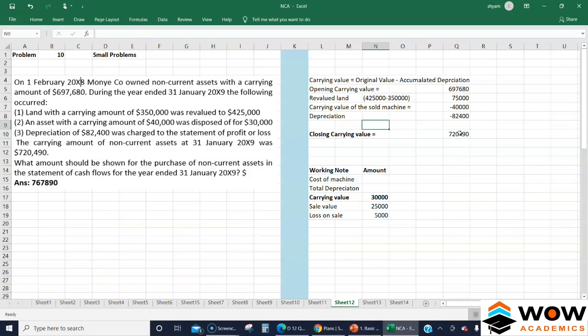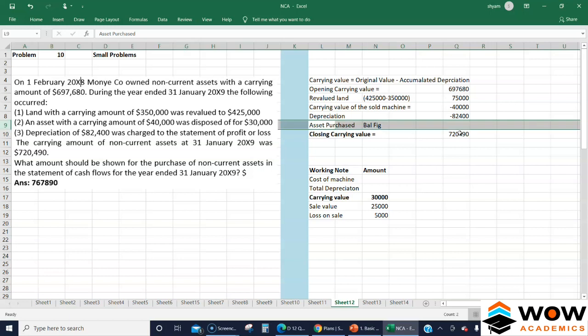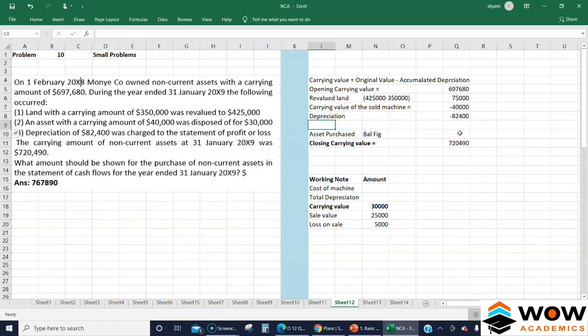The balancing figure here should be the asset purchased. So first we'll try to add all these elements.